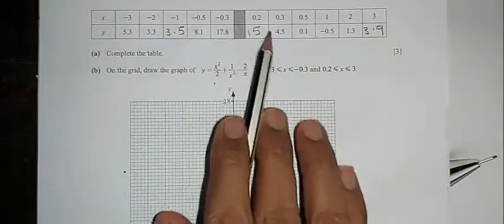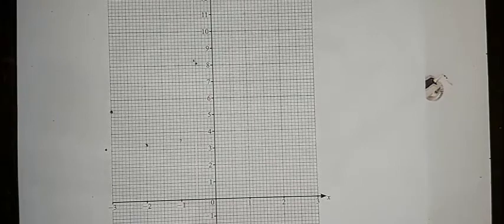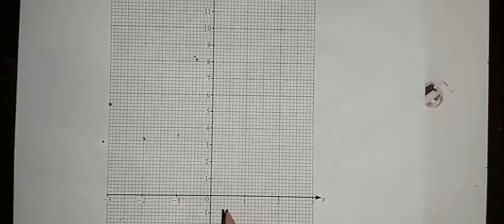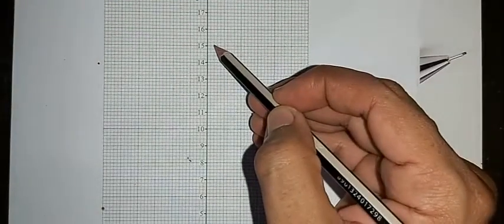0.2 and 15, here is 0.2, and 15 is here.